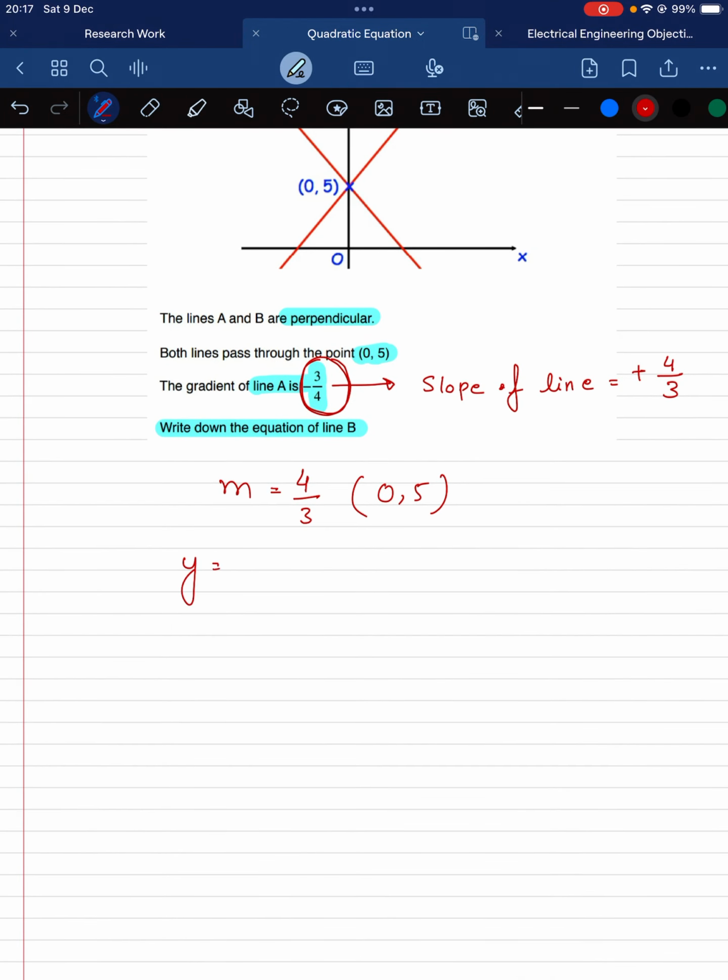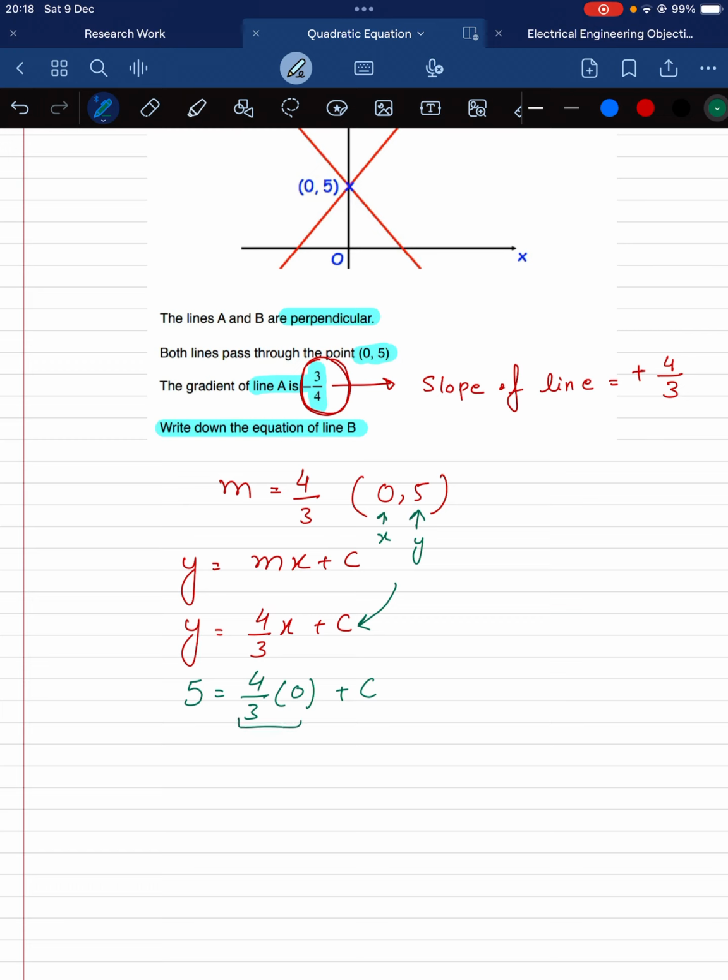We know that y is equal to mx plus c. Now place the value of m first, that is 4 over 3 x plus c. Now we do the third step to find out the value of c, and this one is x and this one is y. Now we place this value of x and y in this equation, and to calculate the value of c, we know that y is equal to 5, 4 over 3, and x is 0 plus c.